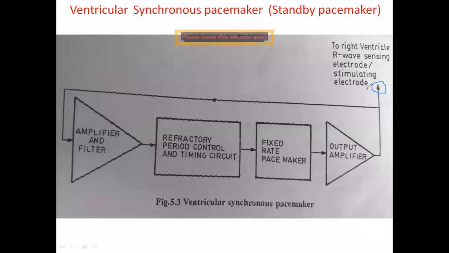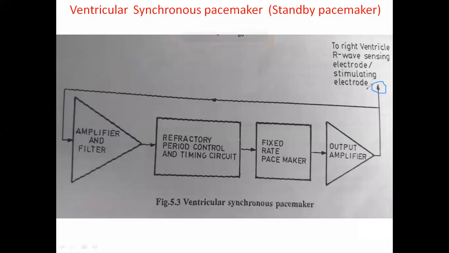But here the QRS complex waveform is more important. We are more interested in analyzing the time elapsed for producing the QRS waveform, how much time it takes to generate this QRS waveform.